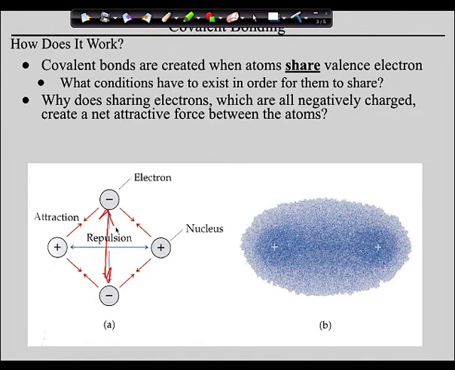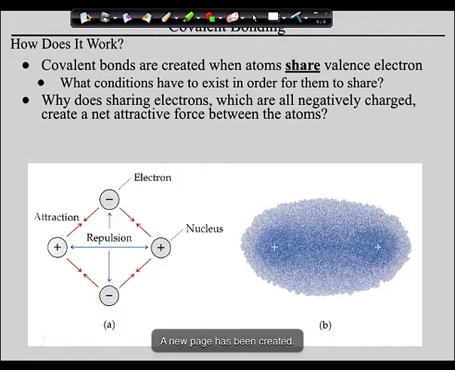There is still repulsion between those electrons. And there is also a repulsion between the nuclei of the hydrogen and the oxygen as they come together. So if that was the only game in town, this would not create attraction, it would create repulsion. So where, guys, is the attraction?